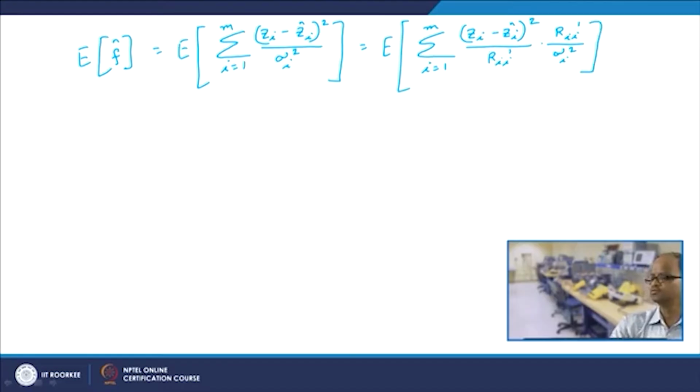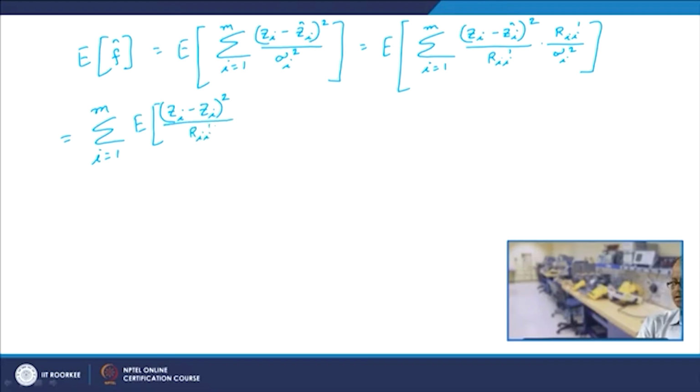This entire quantity is within the summation. So, this is the expected value of this. So, this is nothing but the summation i equal to 1 to m of the expected value of (z i minus z i hat) whole square by R i dash into R i dash by sigma i whole square.